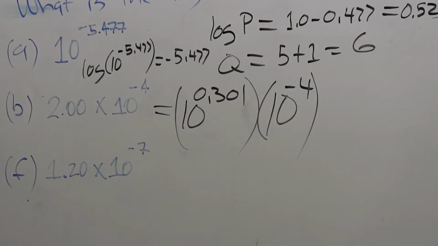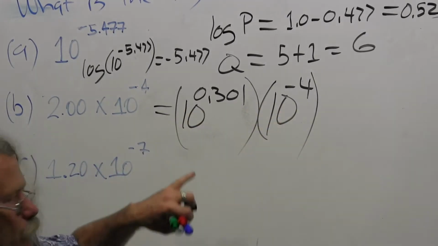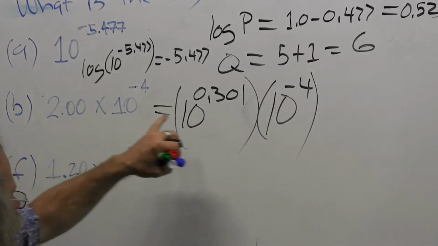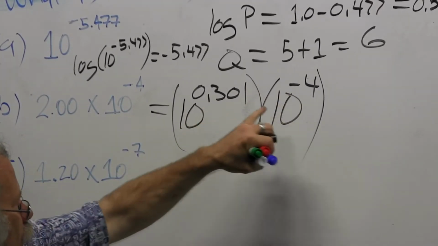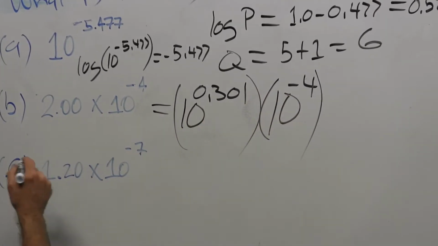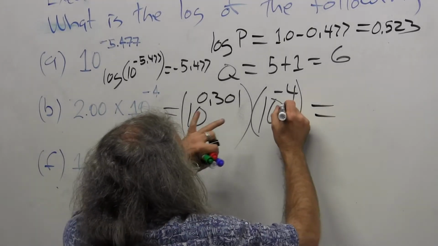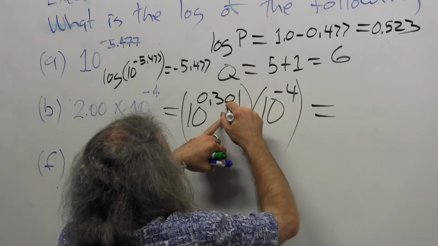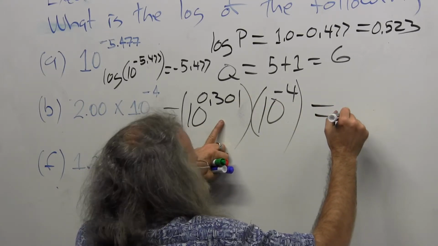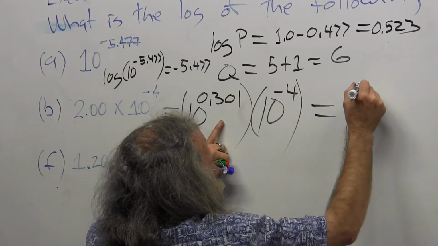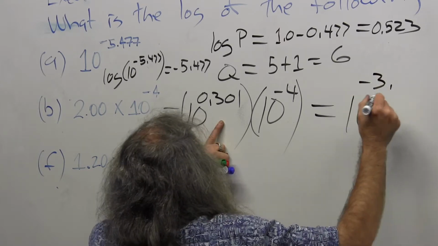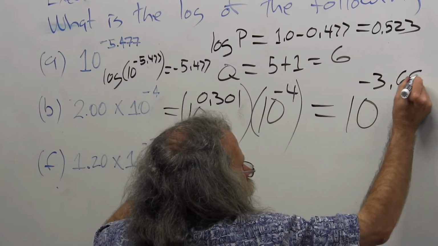What do I do with that? I add. When I multiply two numbers, I add these together. That's minus 4.301 equals minus 4 plus this is equal to 10 to the minus 3.699.